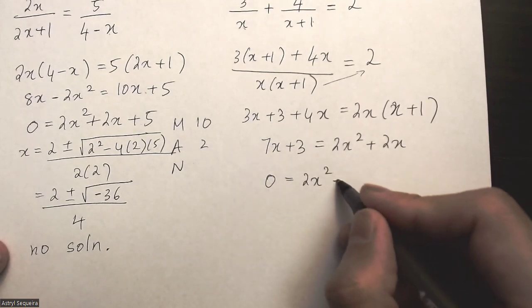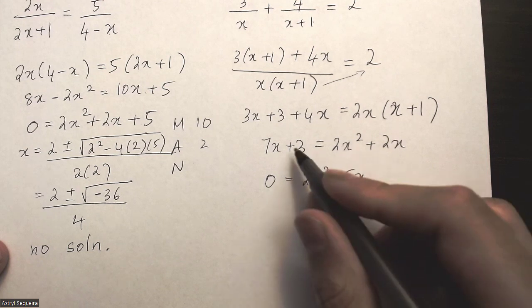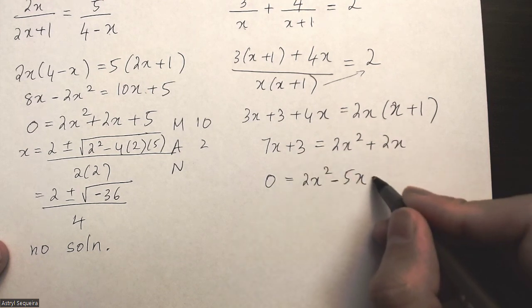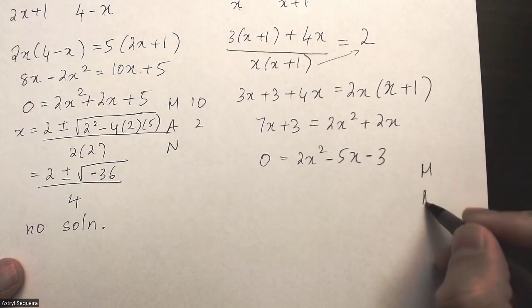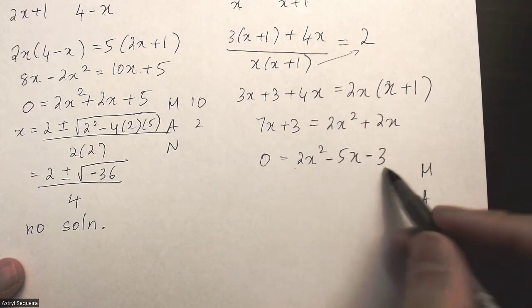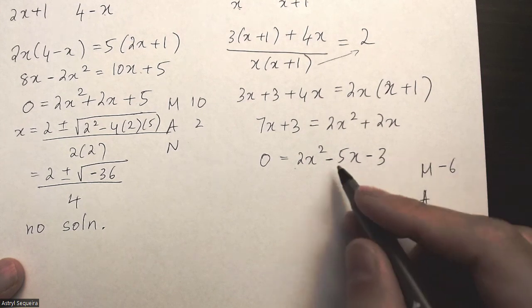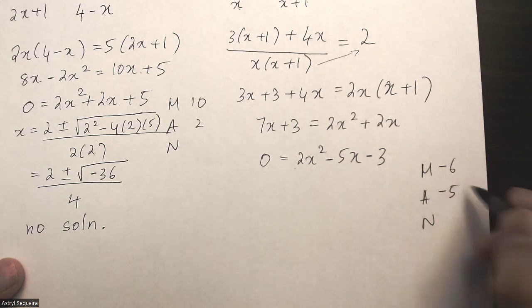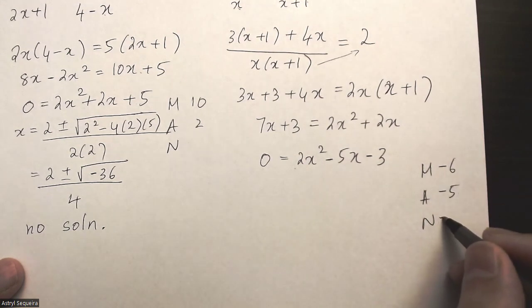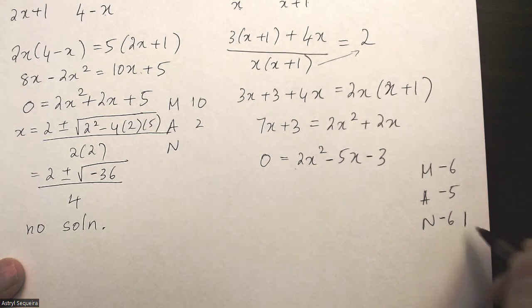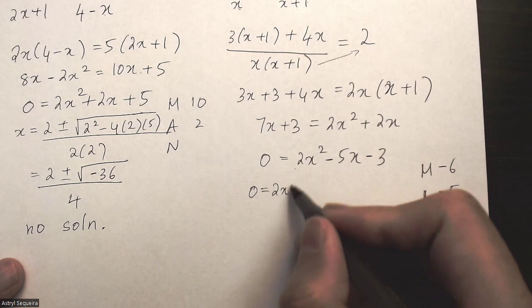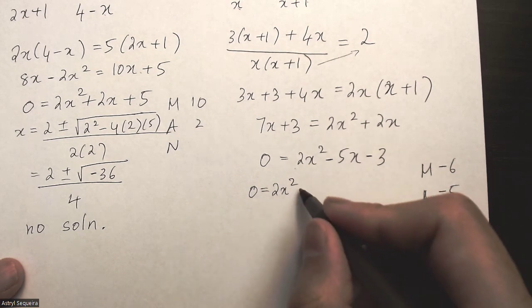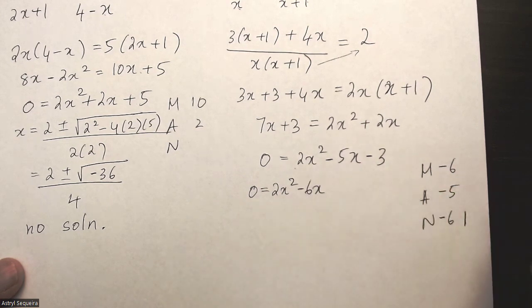2x minus 7x is negative 5x, and then when I move the positive 3, it becomes negative 3. Again, I'll factor this. My m is negative 6, my a is negative 5, so my two numbers are negative 6 and positive 1. I'll factor by grouping next because it's a complex trinomial.